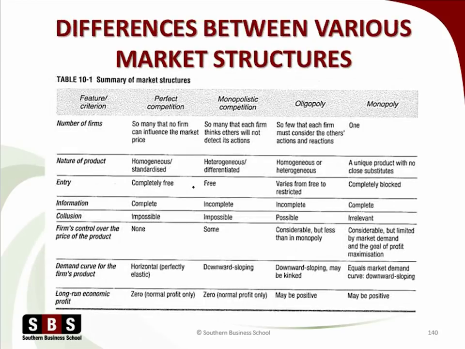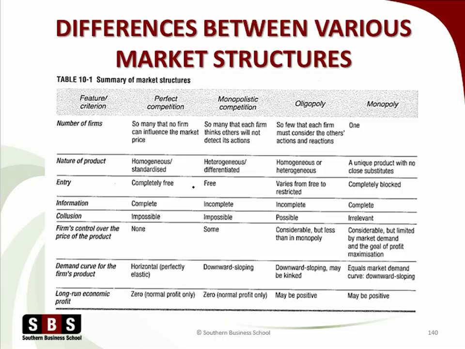Here's the table right here. Can everybody see there? So that's exactly what I said. There's the criterion or the feature. So the number of firms for perfect competition is many firms. For monopolistic competition, that is it there. For oligopoly, it's only a few, and for monopoly, it's only one.